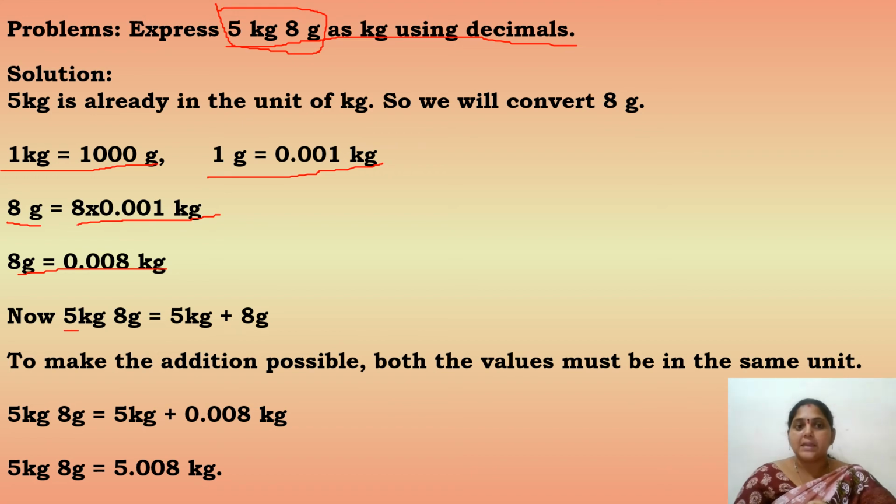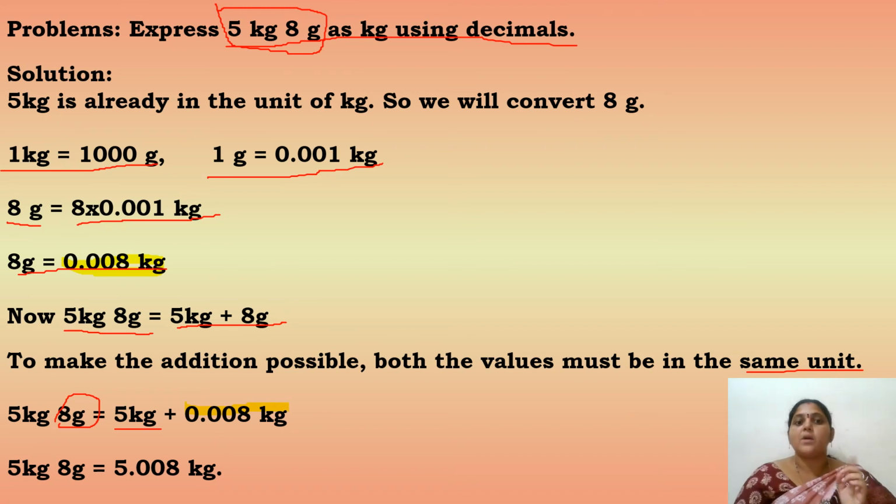We have converted grams into kgs first. Now 5 kgs 8 grams is equal to 5 kgs plus 8 grams. To make the addition possible, both the values must be in the same unit. Both the values will be in kgs. Now, we already know 5 kgs is in kgs form. This 8 grams, we have converted into 0.008 kgs. Write that here.